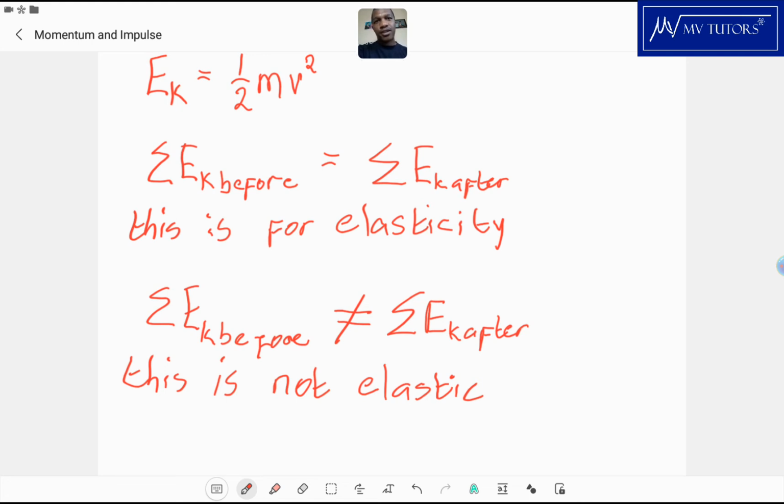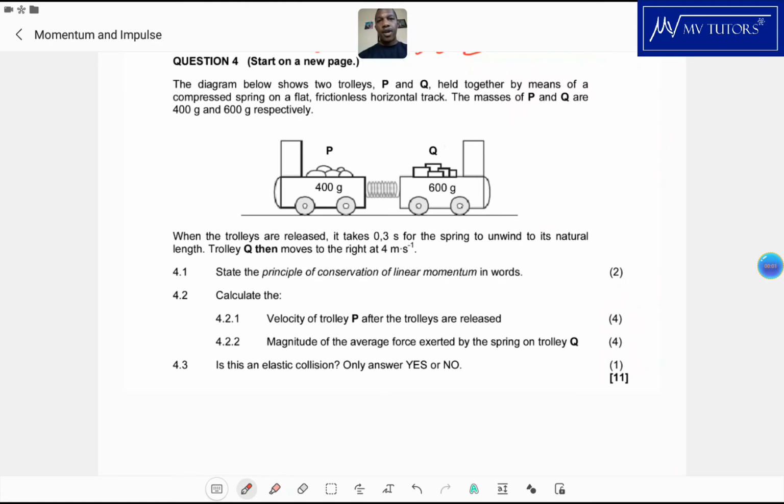So let's get right into the questions. Question 4.1: State the principle of conservation of linear momentum in words. We spoke about this earlier, I'm just going to put it in different words.